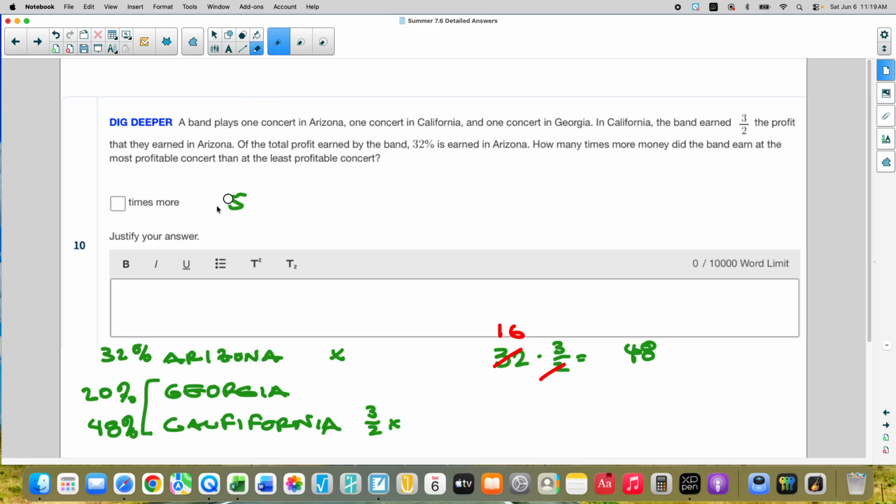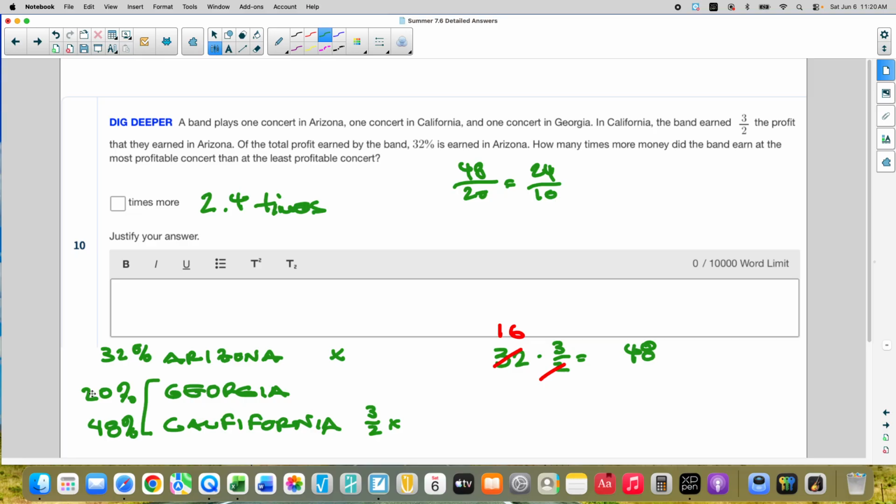That's not between, this was between Arizona and California, but they ask for the least to the most. So least to the most is actually 48 over 20. 48 over 20 gives me 24 over 10, that's 2 and 4/10, 2.4 times as profitable.